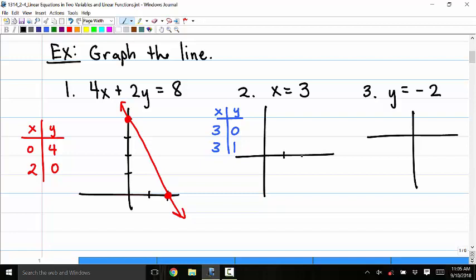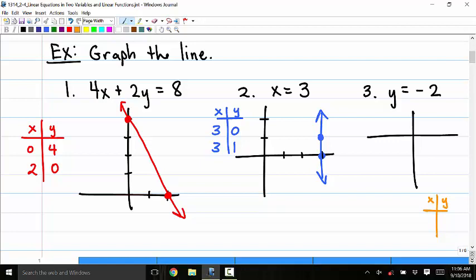So let's go graph it. X has to be 3. We have the point 3, 0. We also have the point 3, 1. Connect the dots. There's your line. What do you notice about that line? It starts with a V, vertical line. Good.